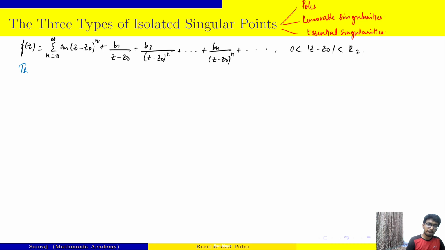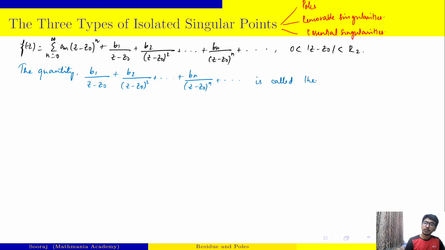The quantity b1 upon z minus z naught plus b2 upon (z minus z naught) squared, etc., till b_n upon (z minus z naught) to the power n plus etc., is called the principal part of f at z naught.